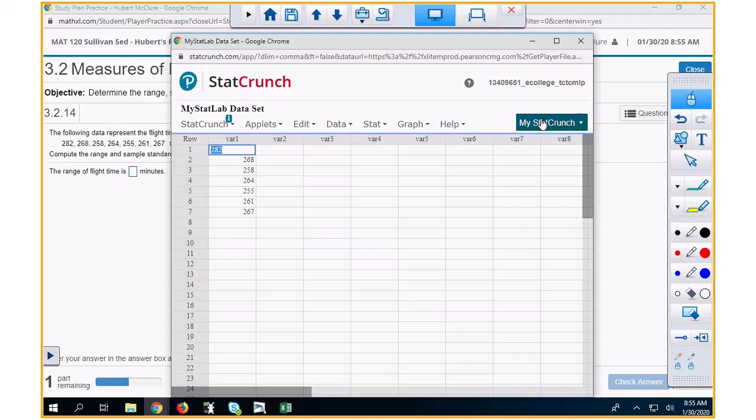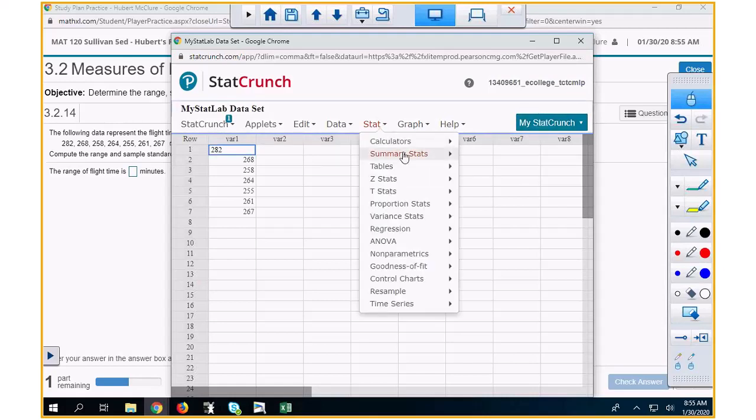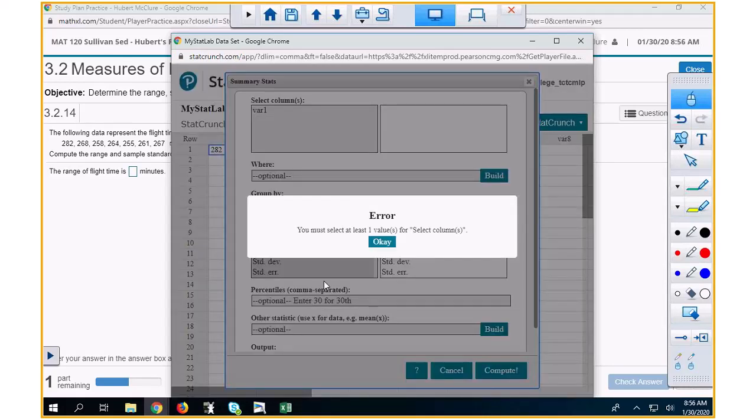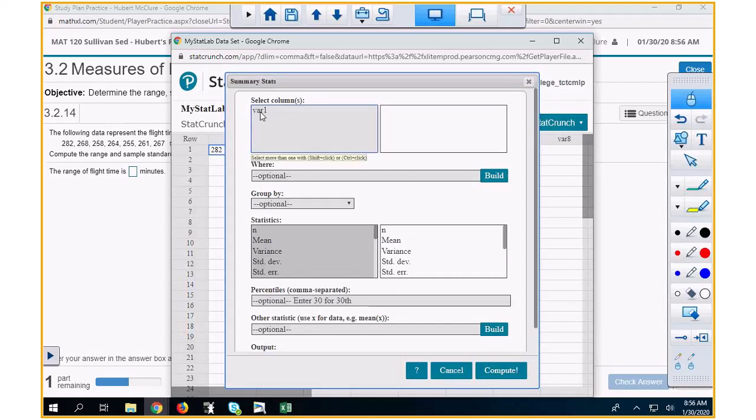All right, so hit stat, summary stat, columns, and here's the important part, because most of y'all are going to click on compute and it's going to say that, and then you're going to get mad at me because you didn't follow directions. You got to click on the header for whichever column you want to do.